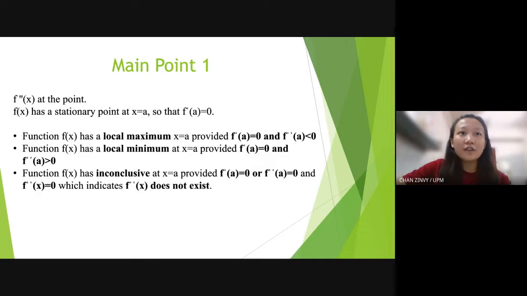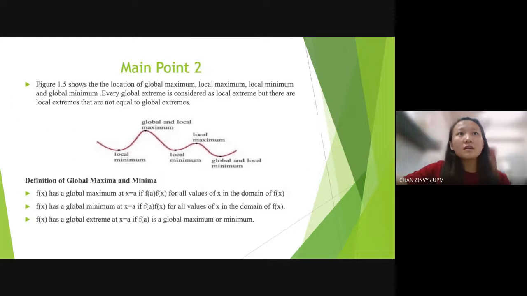The function f(x) has a local minimum at x equals a provided f'(a) equals 0 and the second derivative f''(a) is bigger than 0. And the function f(x) is inconclusive at x equals a provided f'(a) equals 0 and f''(a) equals 0, or the second derivative f''(a) does not exist. So I will pass to Amirul.